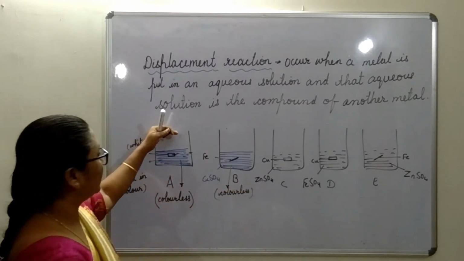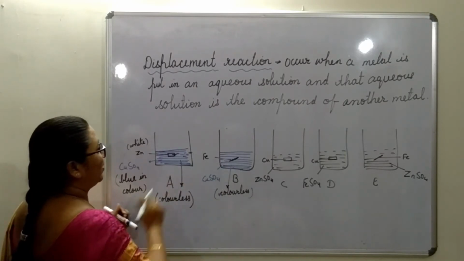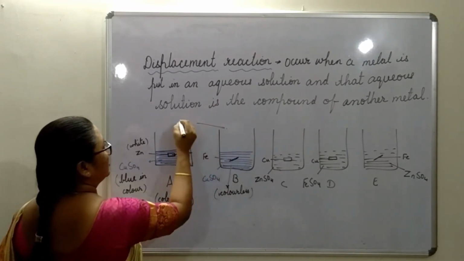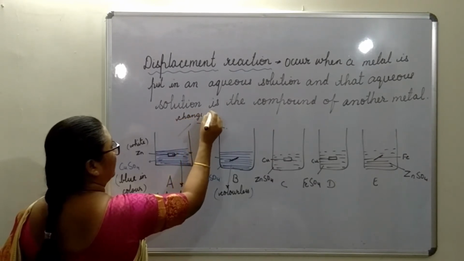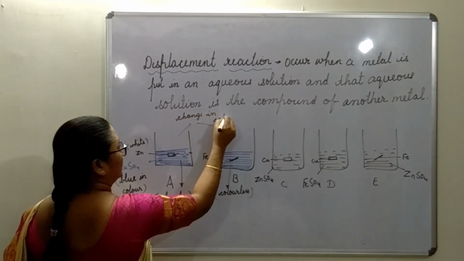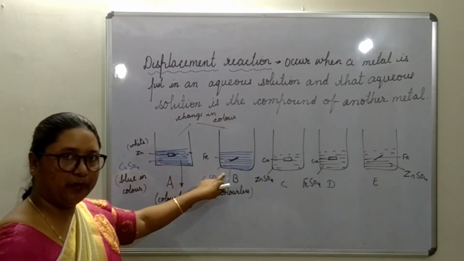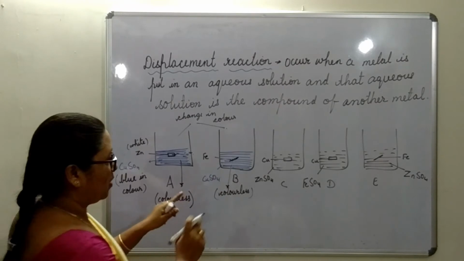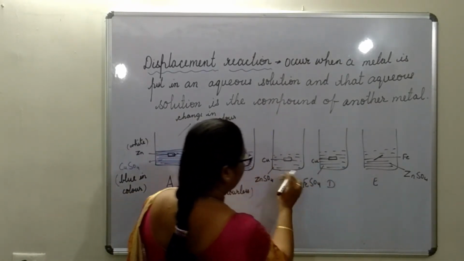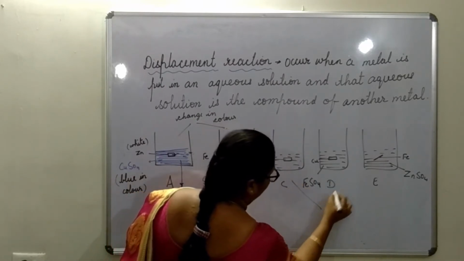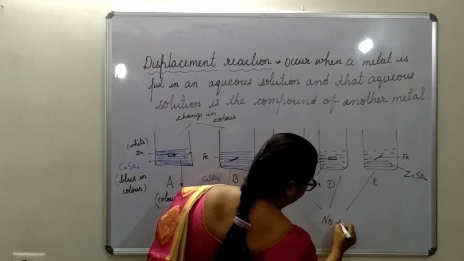Means the change in color is taking place in beaker A and beaker B. Now, let's see what will happen in beakers C, D and E. Here you will find in all the three beakers, no change in color.